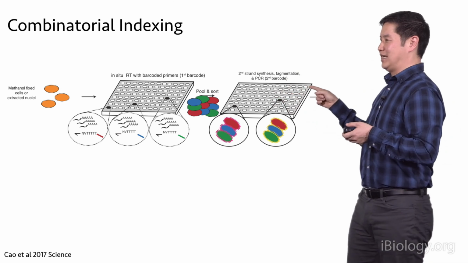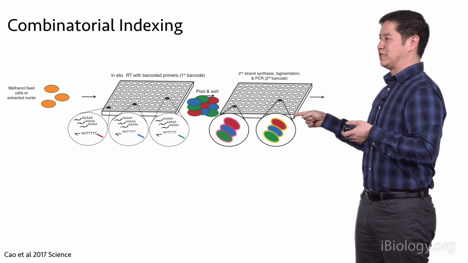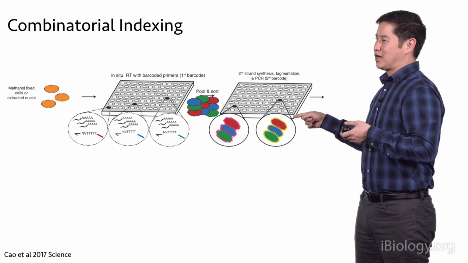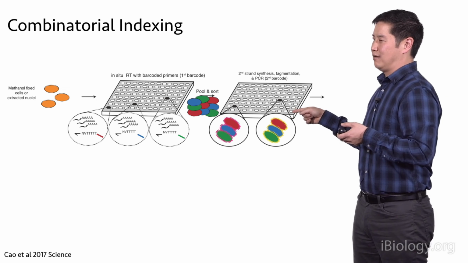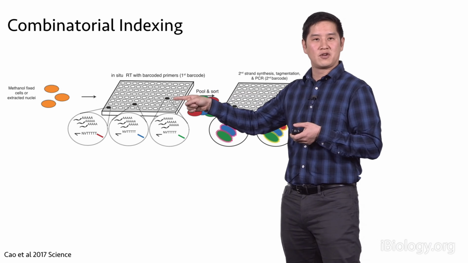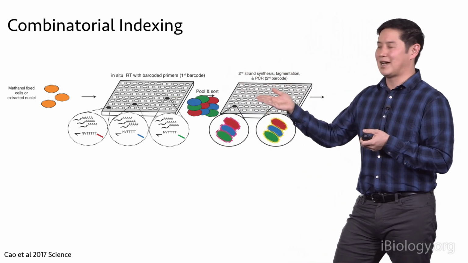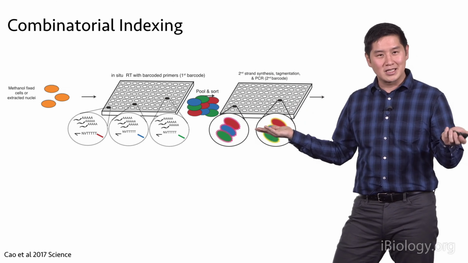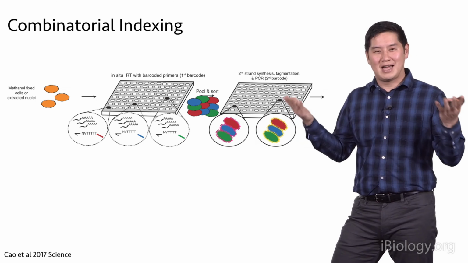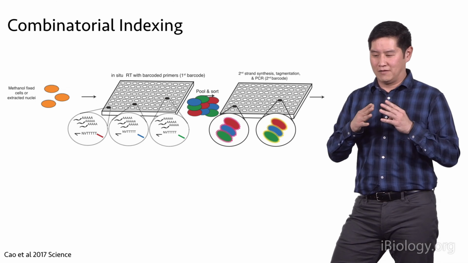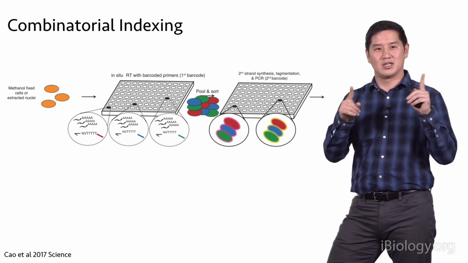Again, each of the cells in each well will receive the same barcode, but chances are each cell in this well came from a different well in this first plate. And so with this combination of barcodes, with 96 and 96, you have about 10,000 combinations. If you're only sequencing about 1,000 cells, you don't have a very high chance of having 2 cells with the same barcode.